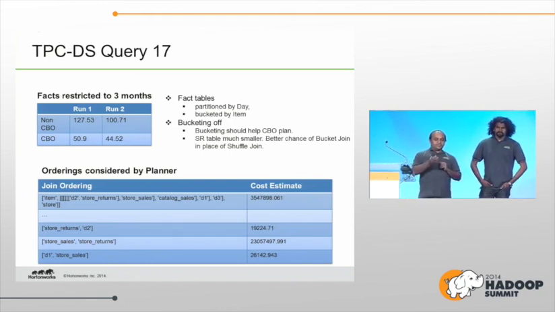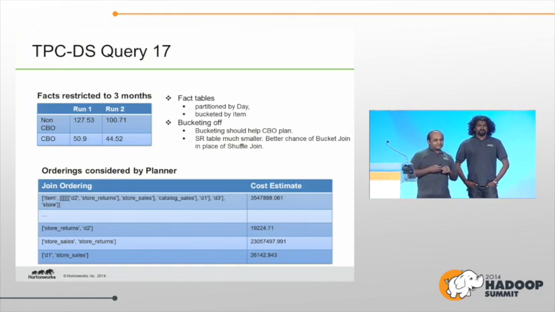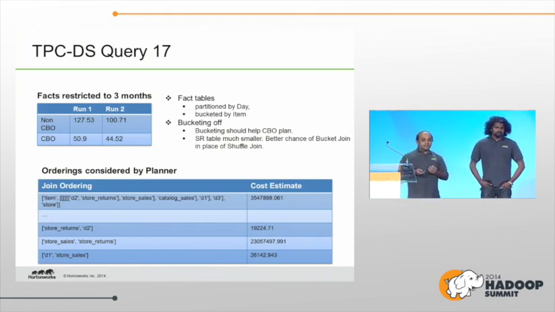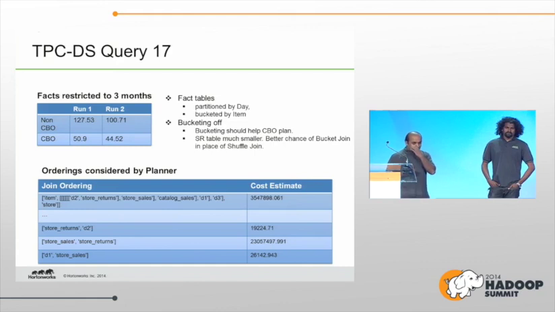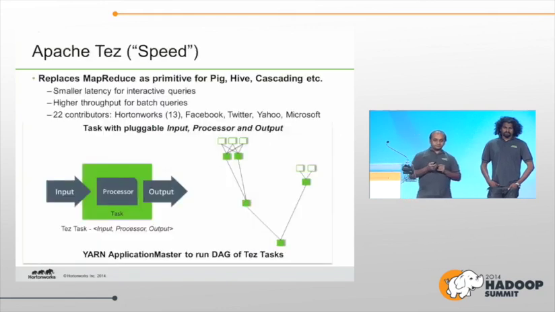And there is a brief note about bucketing. If you have bucketing enabled, that also helps the CBO join because it reduces the amount of data being shuffled, so we can use a partitioned hash join here. One thing I want to mention is that this cost-based optimizer code is out there on a Jira. It's not yet committed to Hive trunk, but it will be committed soon.